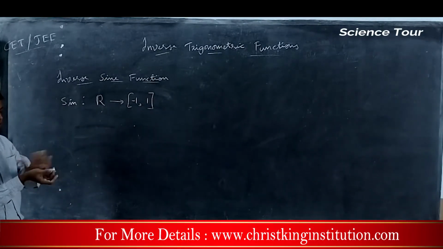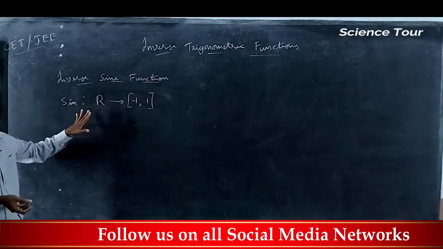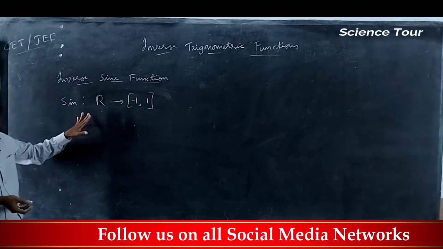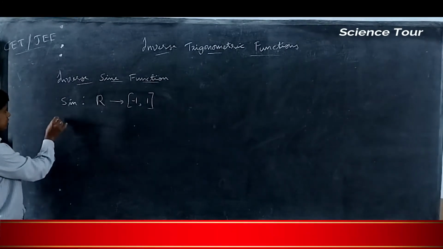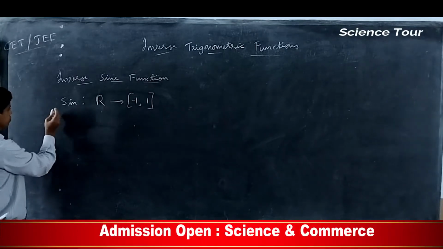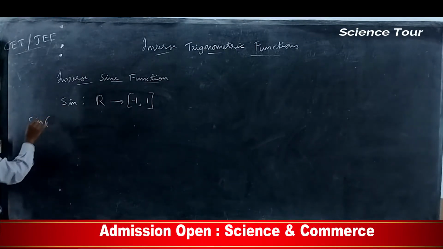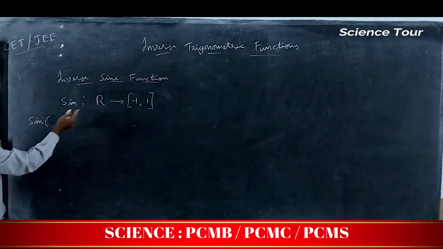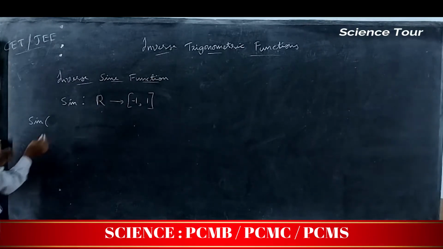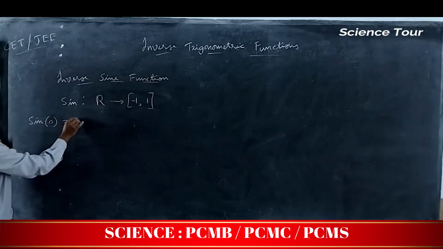Now if you want to have a better picture of this, I'll give you some examples. What about sine of 0? Sine 0 is 0.